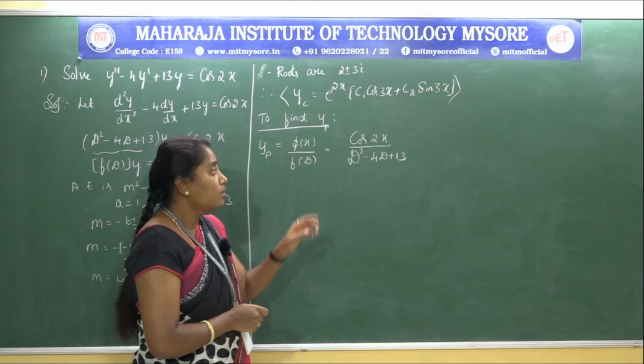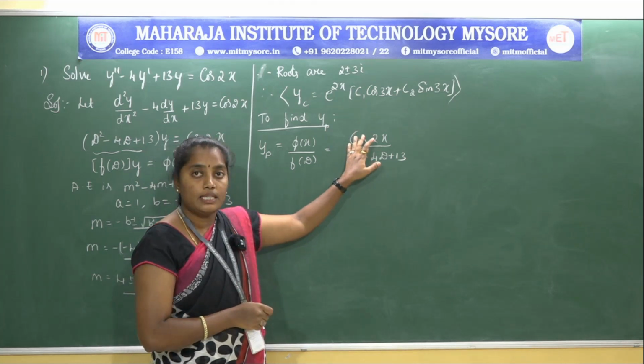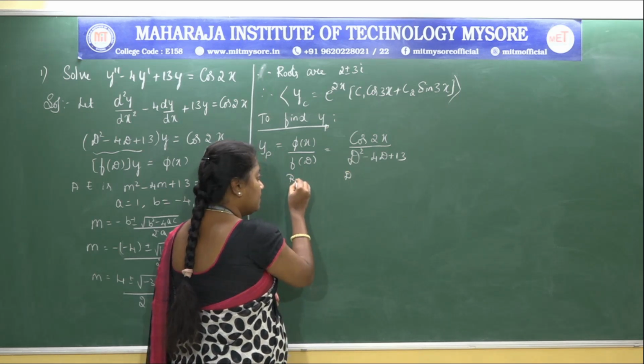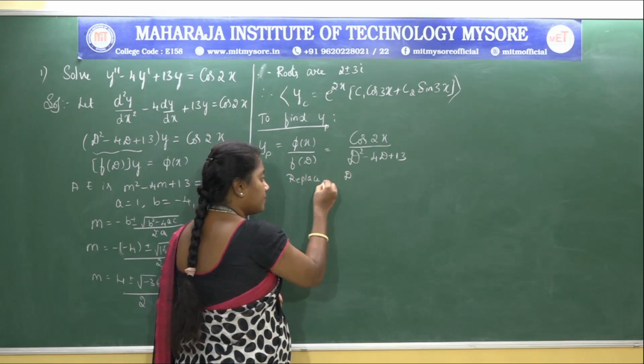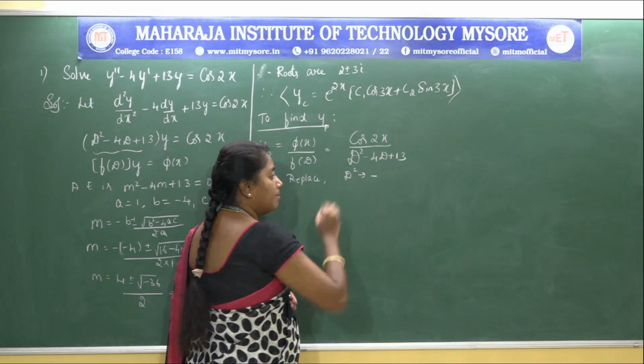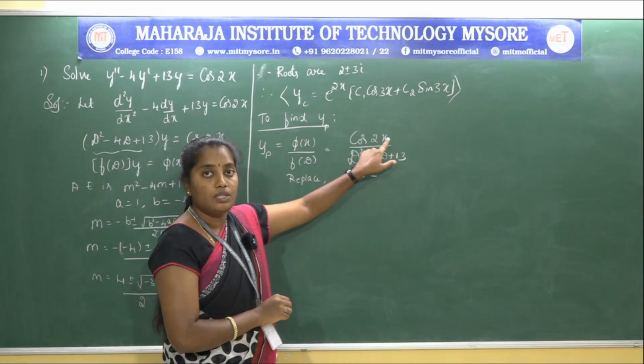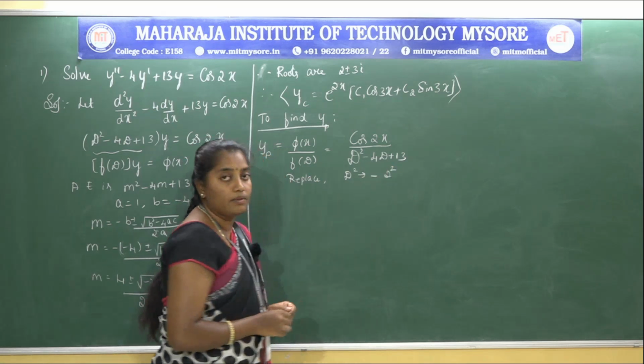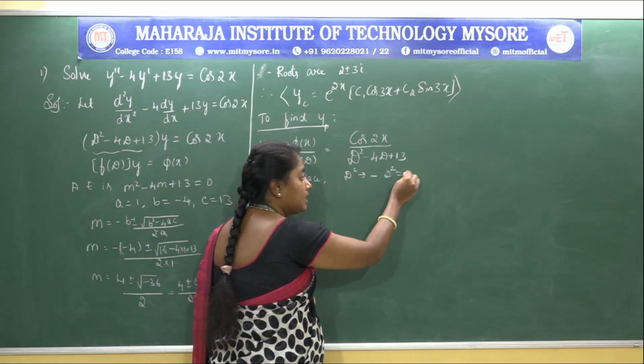So according to type 2, if phi of x is a trigonometric function, we have to replace D square by minus the coefficient squared, that is minus 2 square, which is equal to minus 4.